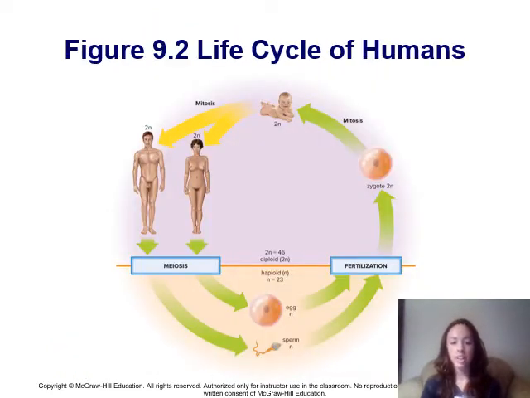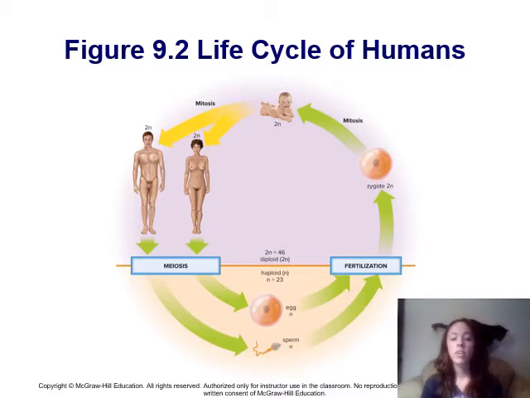So here's the life cycle of a human, which starts out with the fertilization of the egg by sperm to form a zygote that is diploid. The zygote then undergoes rapid cellular division using mitosis, which produces identical daughter cells to form a mature baby. During the human's life, the cells will use mitosis to allow the human to grow up into an adult and to repair damaged tissue.